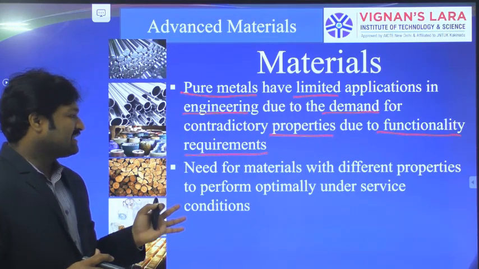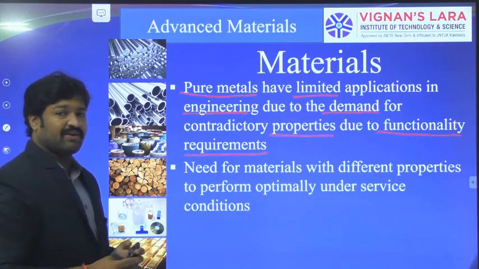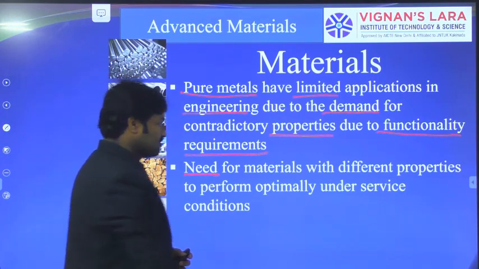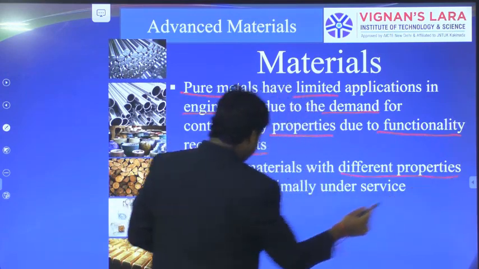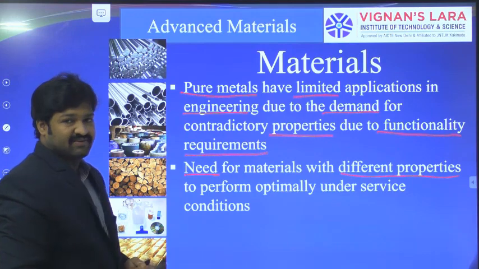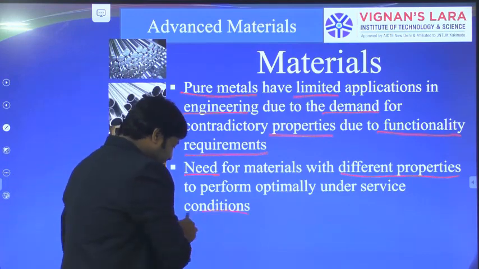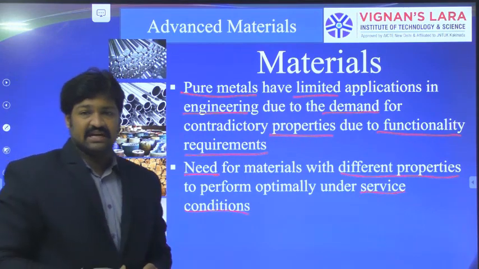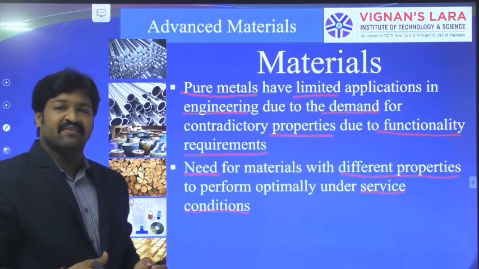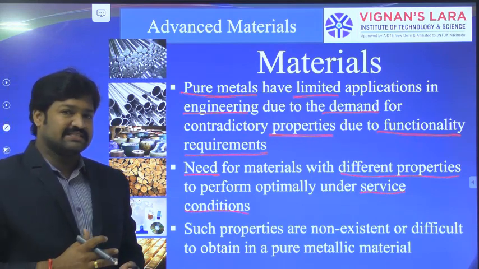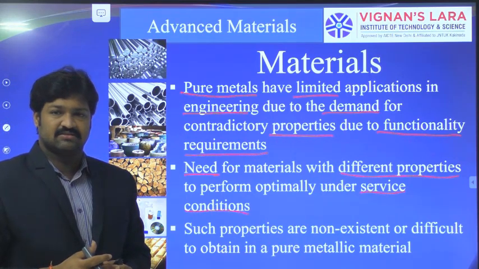For an application we need different properties, so we need materials with different properties to perform optimally under the service conditions. Under the service conditions, the components should work more efficiently. Such properties are not existing in monolithic materials.